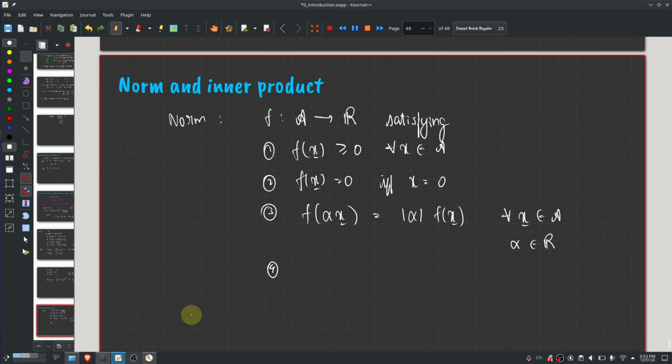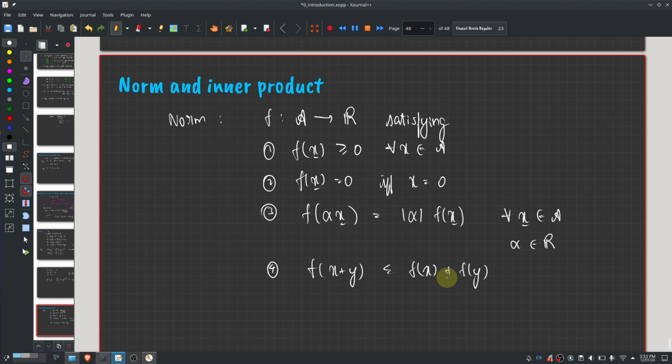Anything else? Triangular inequality. Which is what? f of x plus y should be less than or equal to f of x plus f of y.